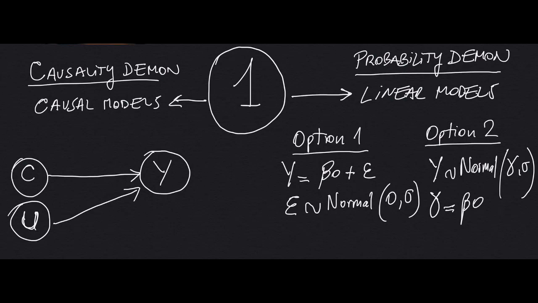Because of our shared genetic components, the genome, we have a possible range of values of Y. U here stands for unknown variables.